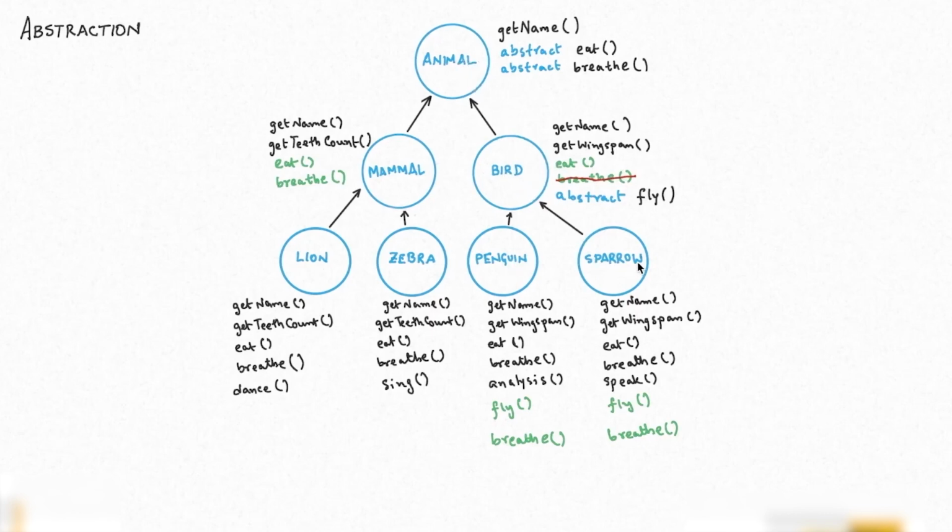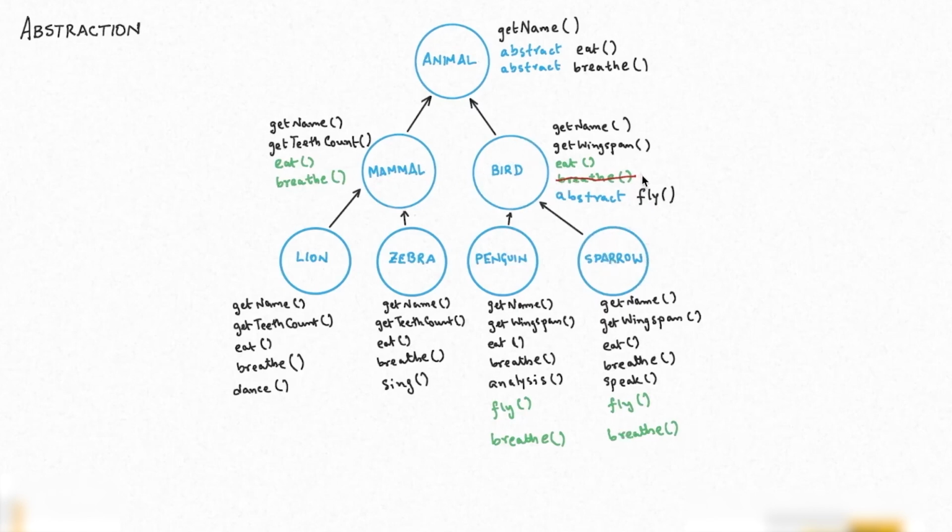If you think of chains, then someone in the chain has to implement the abstract methods. And at the end, when you have a concrete class, that class has to have all the methods of its previous parents defined. And that is why sparrow had to define fly, and it also had the responsibility to define breathe, because bird did not define breathe here.